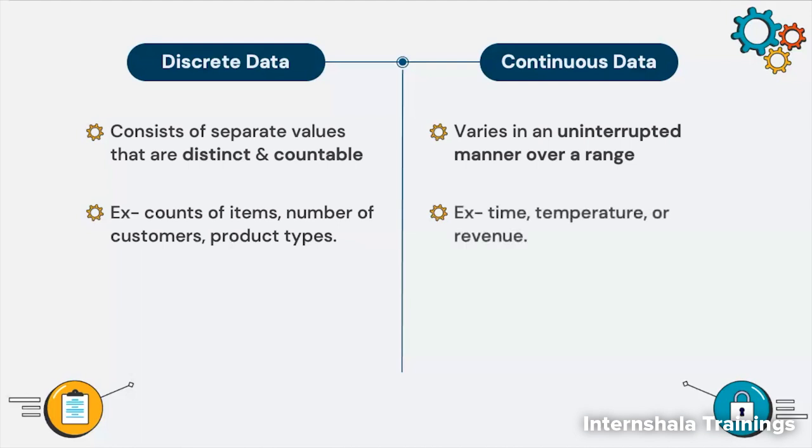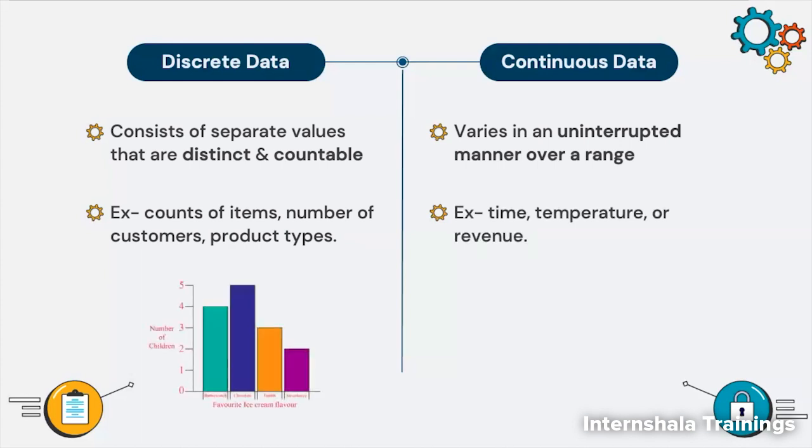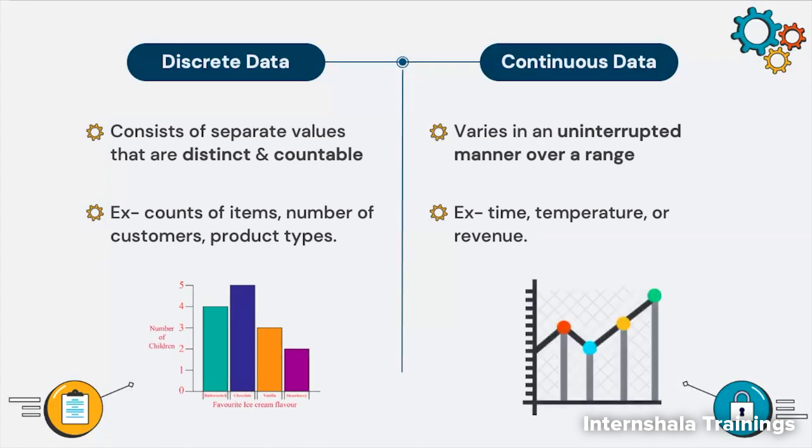Whereas for continuous data, we could have time, temperature, or revenue. As we can see in this representation, discrete data has separate and countable values like butterscotch, chocolate, vanilla, strawberries. These are the product types. Whereas in continuous data, we don't have separate categories or separate values. It will be a continuous range of values.